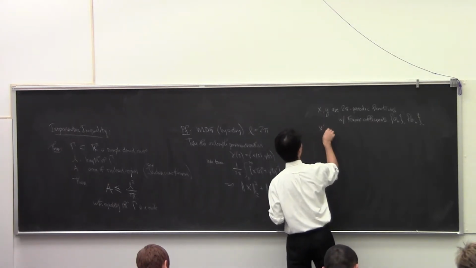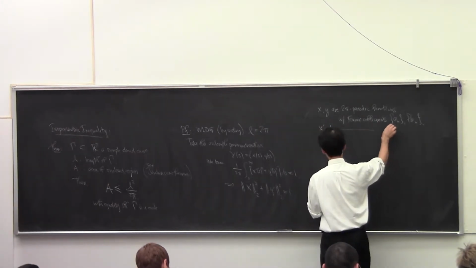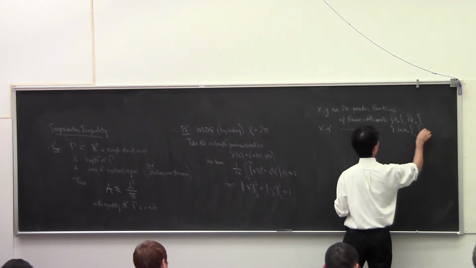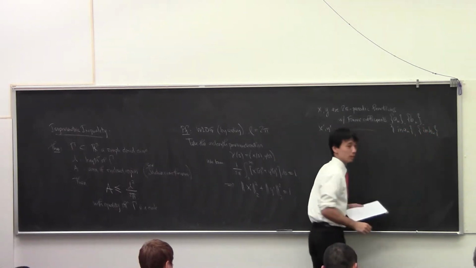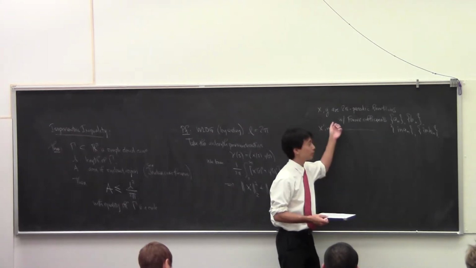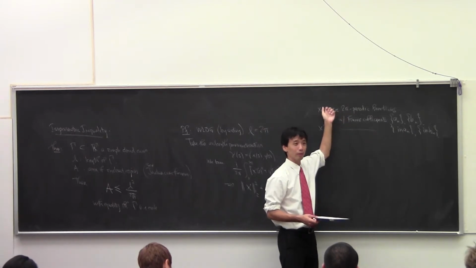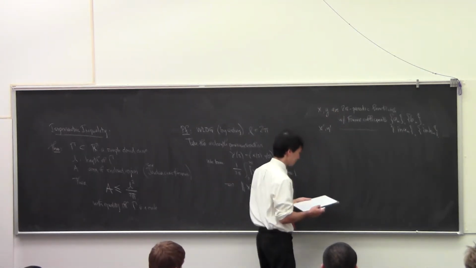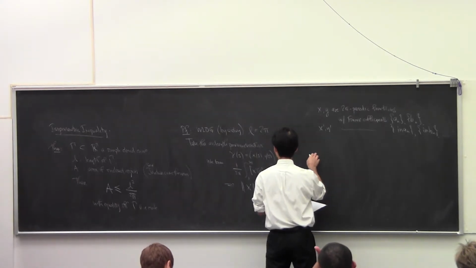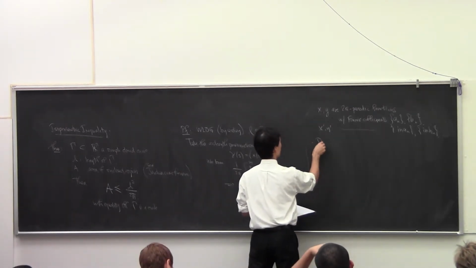And x prime, y prime have Fourier coefficients i n a sub n, i n b sub n, as we saw in the last chapter using integration by parts. There's a relation between the Fourier coefficients of the function and the derivative of the function. Okay, so we can use Parseval.